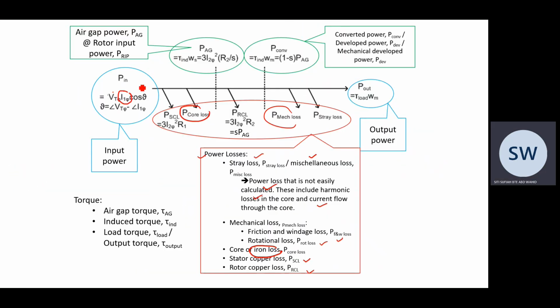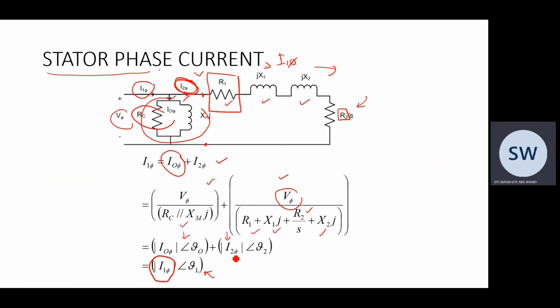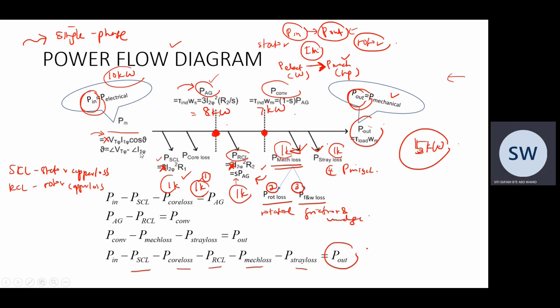Why? Because we are only calculating real power. Real power has no angle. Cos theta. Where do we have this theta from? Theta equals angle of V phase minus angle of I1 phase. Angle of V phase is always assumed as 0. Okay. So 0 minus angle of I1 phase. Done for P in. That is for electrical power.